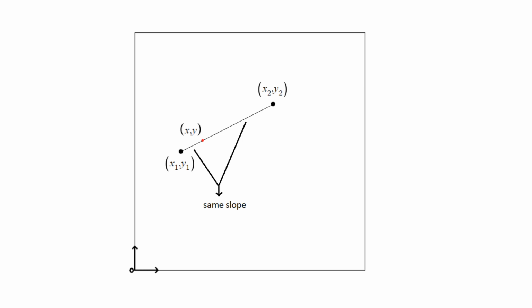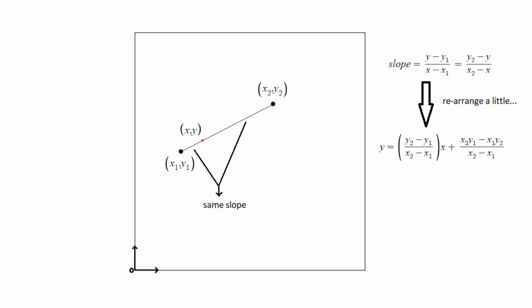So if we equate the two slopes and manipulate the resulting equation a little, we get an equation for the straight line. This equation says if you know any 2 points x1, y1 and x2, y2, then you can find any general point xy on a straight line passing through x1, y1 and x2, y2. That is all it says.